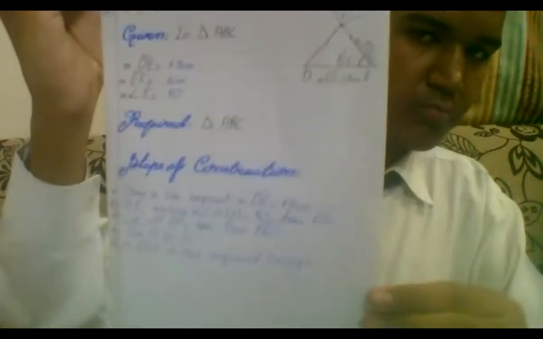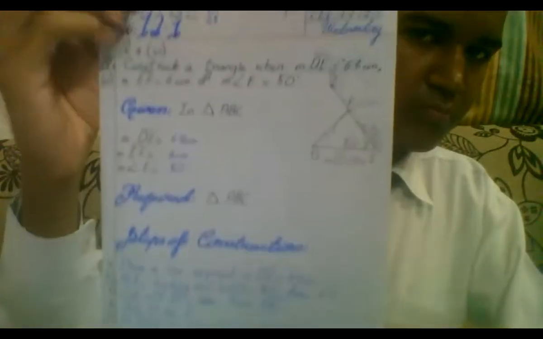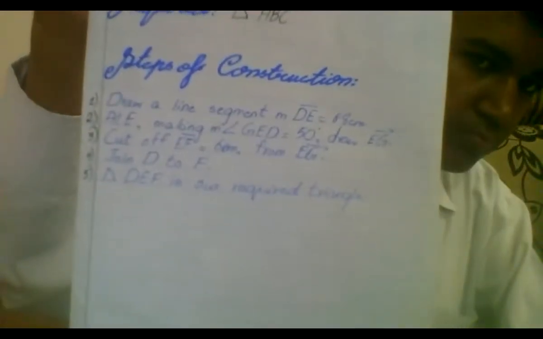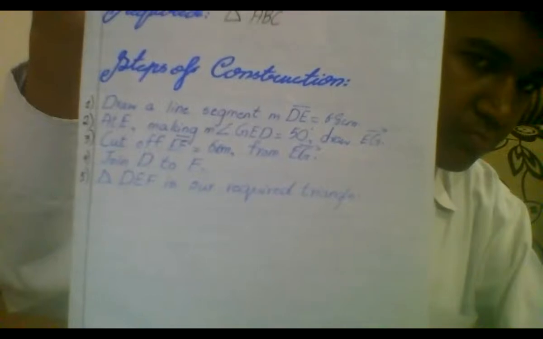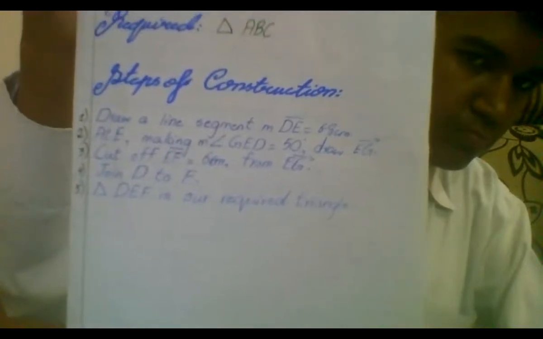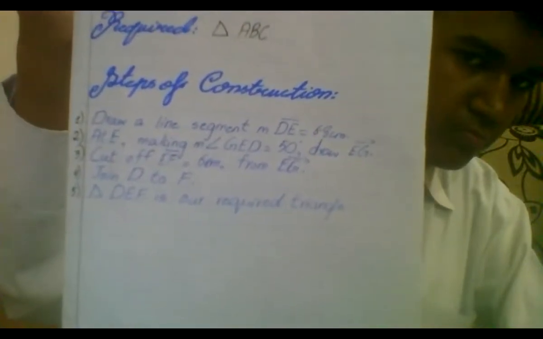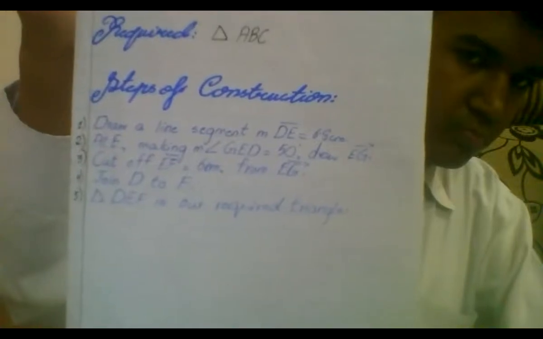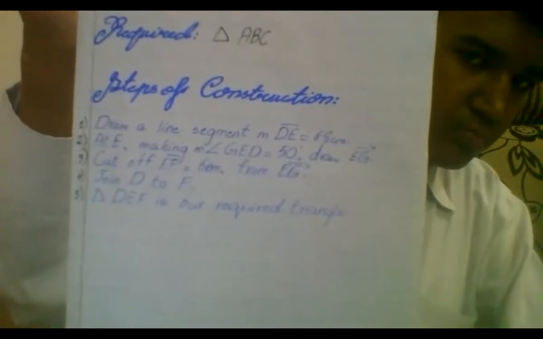Yes, very good. Can you show me the steps of construction? Okay. Draw the line segment DE, bilkul sahi. At E, making GED equal to, okay. Draw EG, bilkul sahi. Cut off EF from EG. Good. Join D to F. Now can you show me the construction?